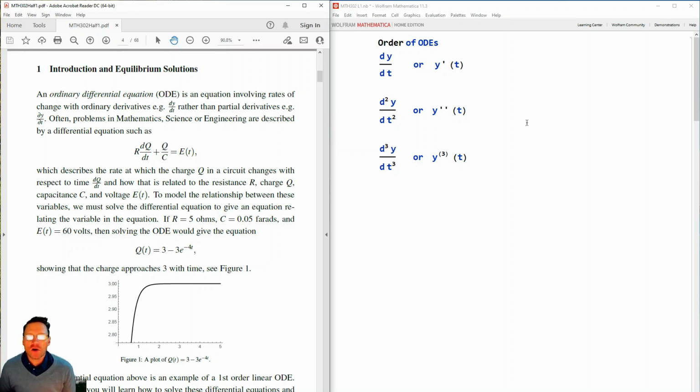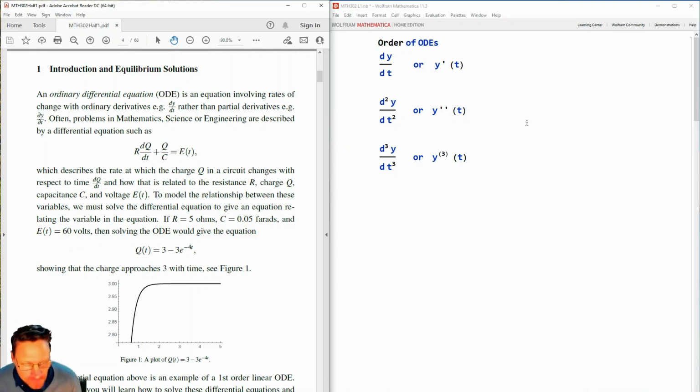Then you could model that situation with a differential equation, dy on dt equals 3. The goal here is to solve that differential equation for y as a function of t, so that you can model how the water moves out of the container as it depends on time.